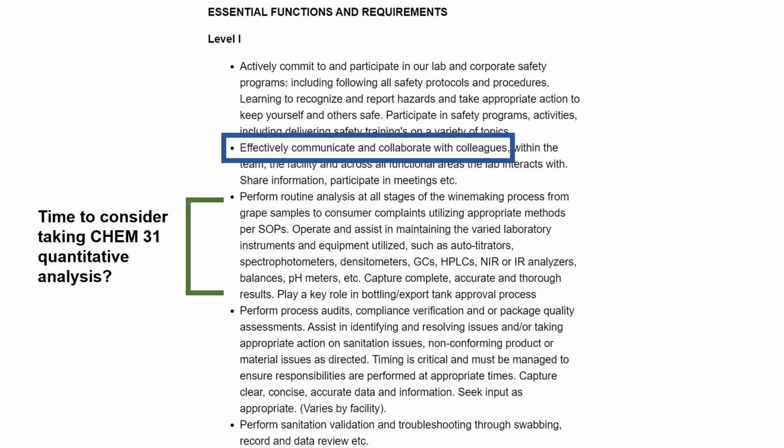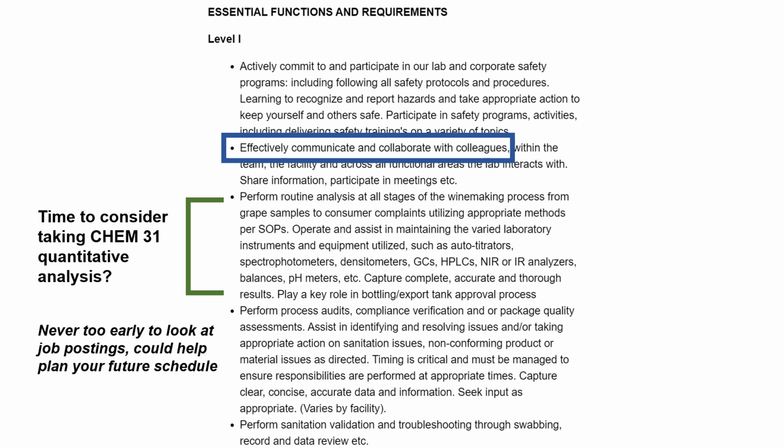Hey, if you really want this job and you're en route to the degree, going through this process of looking at the desired skill sets and seeing what you have and where you want to go and what you need really helps guide your coursework. So why not consider taking Chem 31 if this is the thing for you? Because you're going to hit on most, if not all of these in that course.